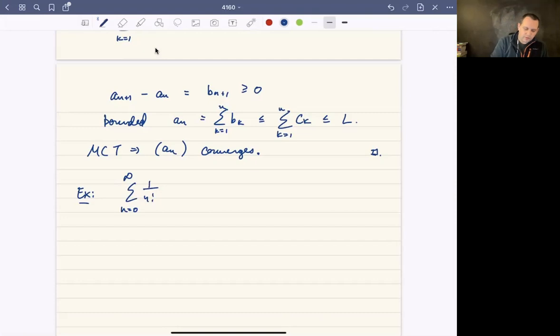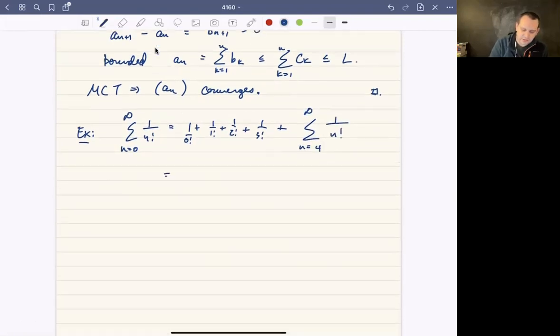If we think about this, this is going to be 1 over 0 factorial, which is 1, plus 1 over 1 factorial plus 1 over 2 factorial plus 1 over 3 factorial plus the rest. So here n goes from 4 to infinity of 1 over n factorial.